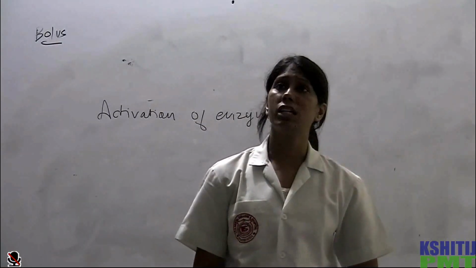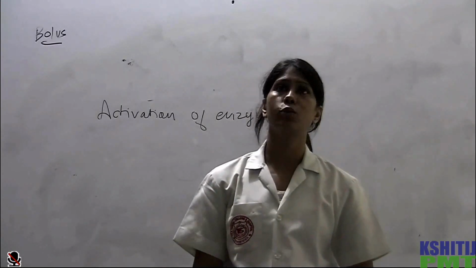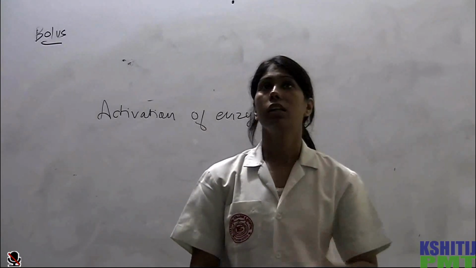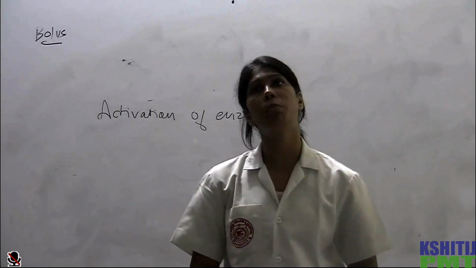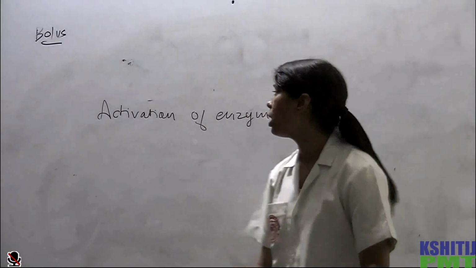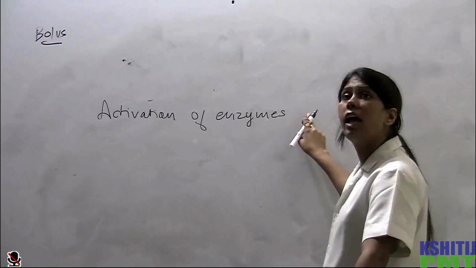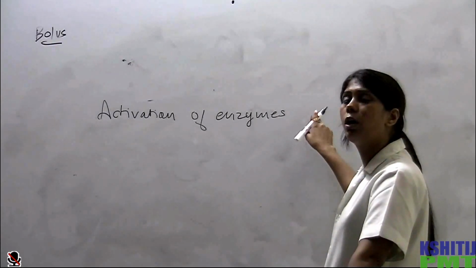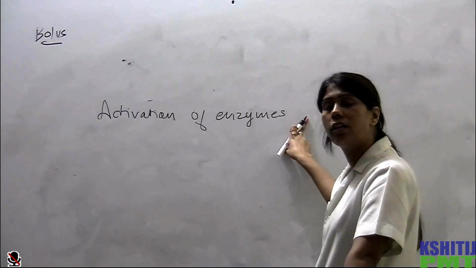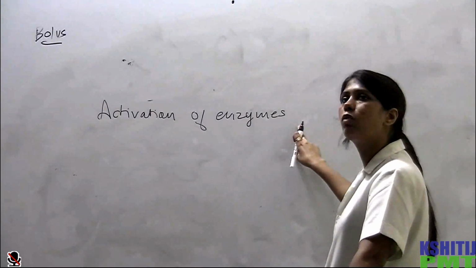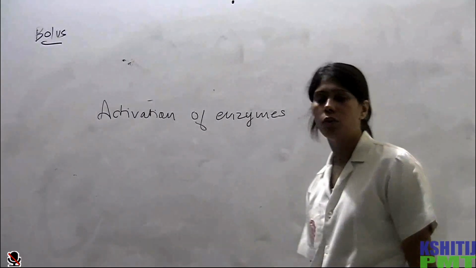Whatever enzymes are secreted by our stomach are in inactive forms. They are called zymogens or precursors. So HCl will convert the enzymes from their inactive form to the active form.